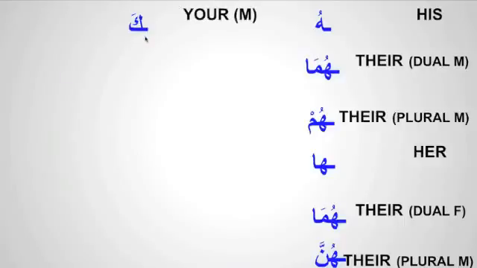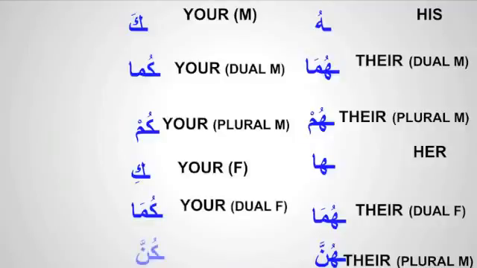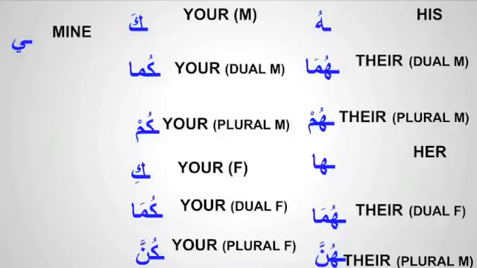Ka means your, male. Kuma means your, both. Kum means your, plural. Ki means, if you see in English, you always translate as your, but in Arabic everything is very specific. If it's feminine, we'll say ki, kuma, your feminine, and kunna, all of your feminine females. Ya means mine, and na means ours. So this is how we translate in English.